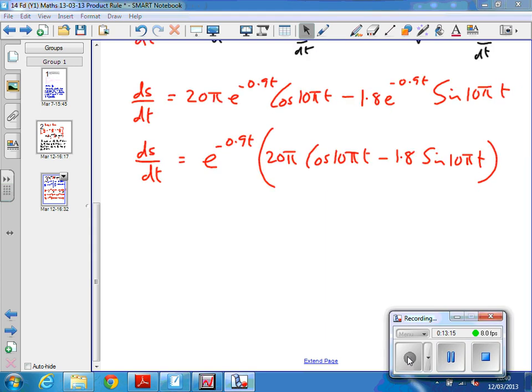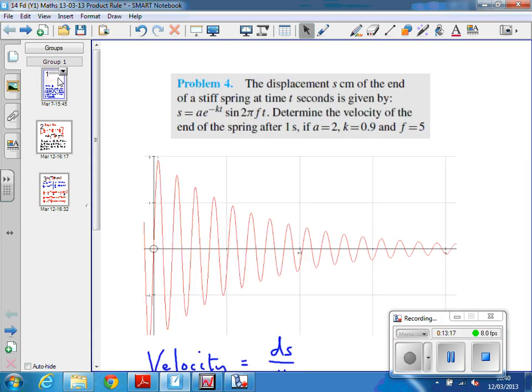So now going back to the original question, let's remind ourselves of the original question. Here it is. We've got to determine the velocity after 1 second. So at this point, we've got a function for the differential, the velocity. So we just have to substitute in t equals 1 second.